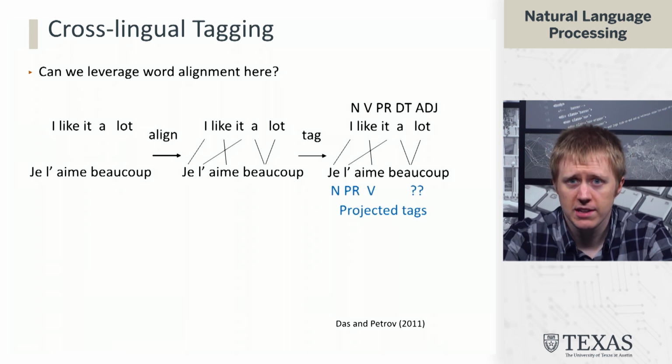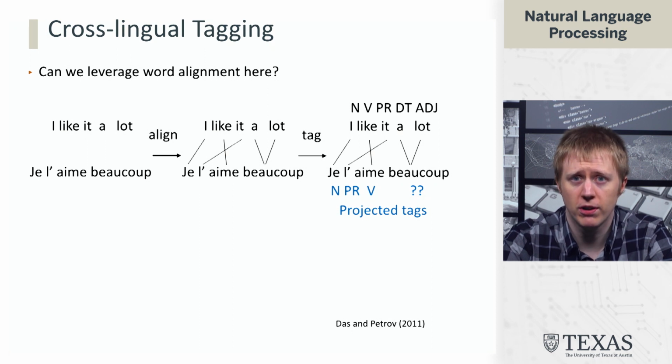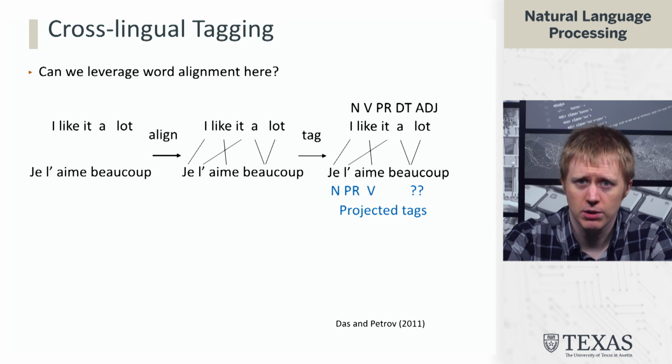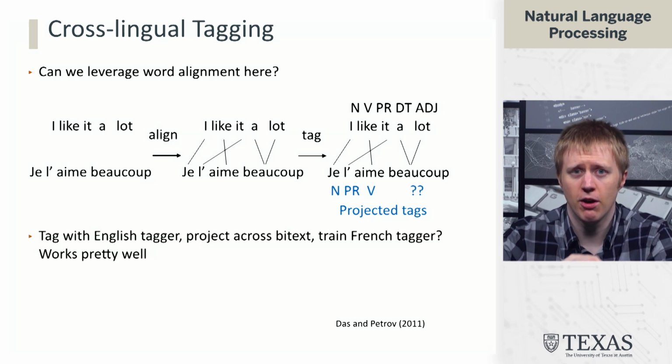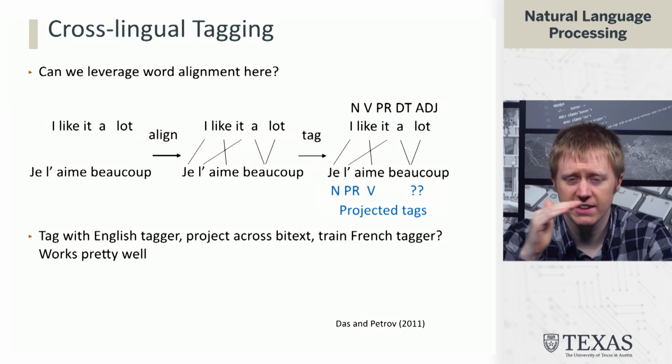And so some of these tags, we can easily project because they're just aligned to one word, and some of them we can't. Like beaucoup, for example, here. This is aligned to both a and lot, and so we maybe aren't quite sure what tag it should have here.